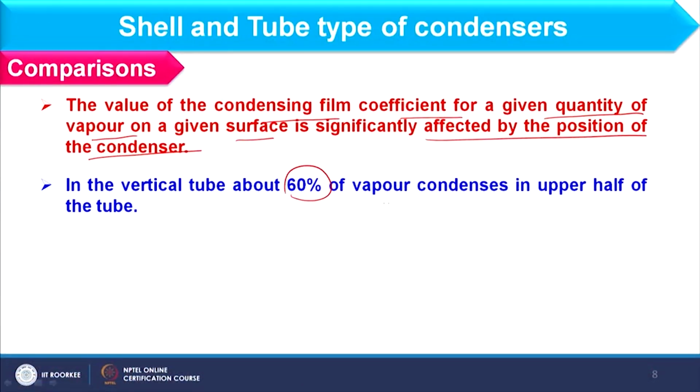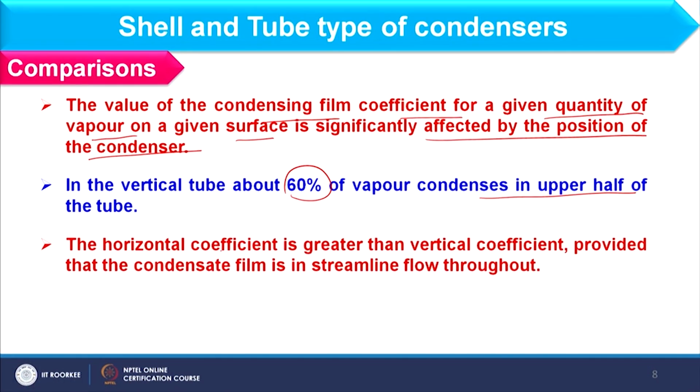In vertical tubes about 60% of vapor condenses in the upper half of the tube, and in the horizontal case the horizontal coefficient is greater than the vertical coefficient, provided that the condensate film is in streamline flow throughout. Okay.